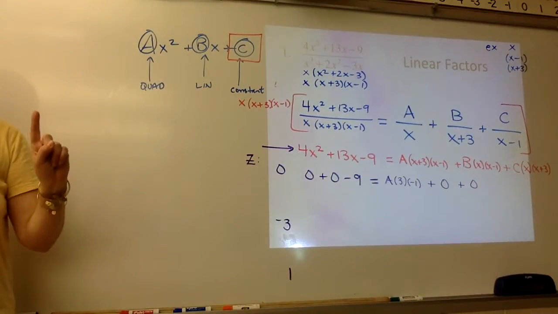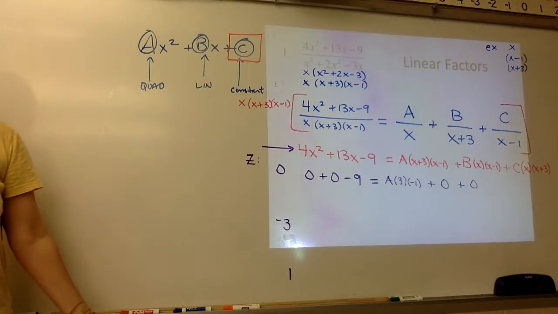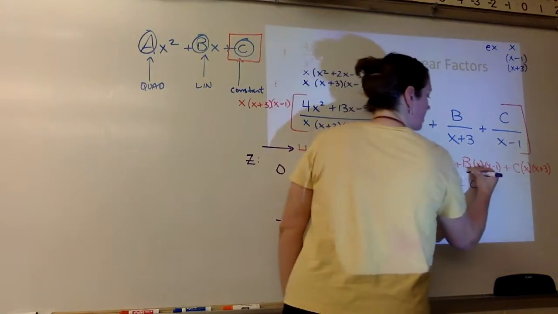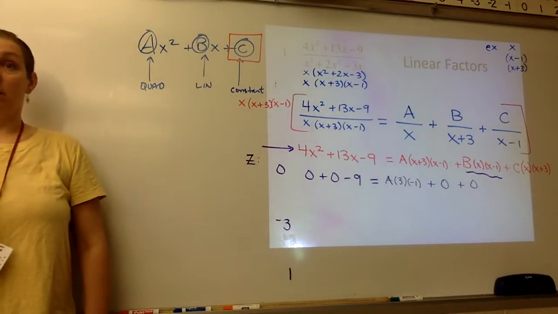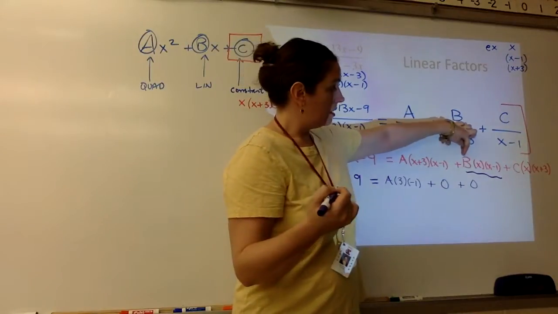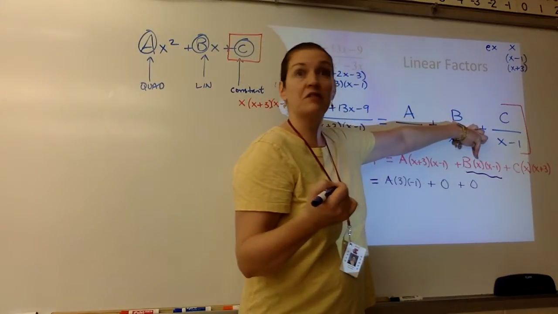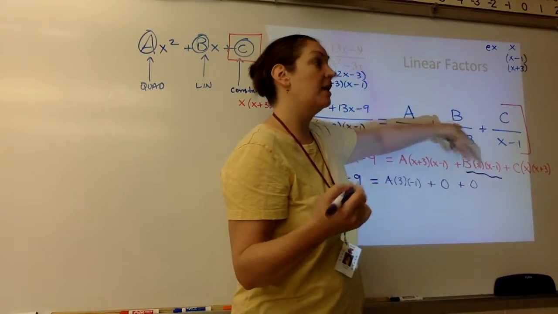This is the part where I always get the, wait, why are the zeros? Why did this get replaced with a plain old 0? If I plug a 0 in for x, 0 times anything is always going to be 0.